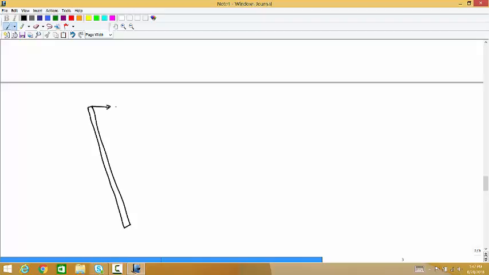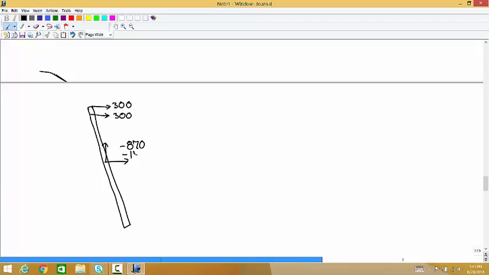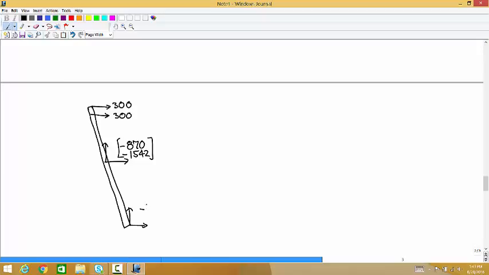But it looks like this. Does anyone have a solution for that? Negative 870. And then what? Negative 1542. Okay. And then for RB, I got negative 570, negative 570.